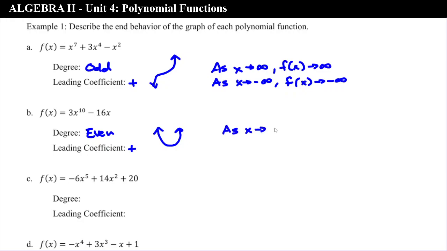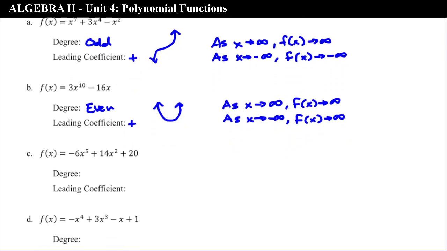So as x approaches infinity, f of x approaches infinity. As x approaches negative infinity, f of x approaches infinity on the other side as well. Okay, so let's go on to C.